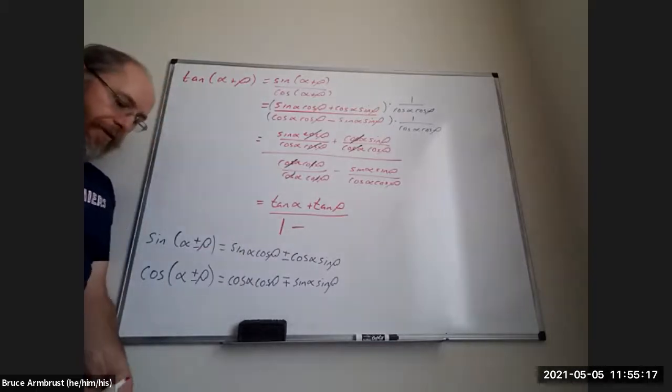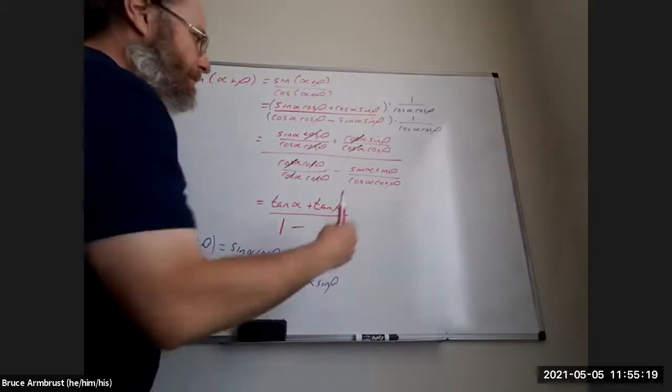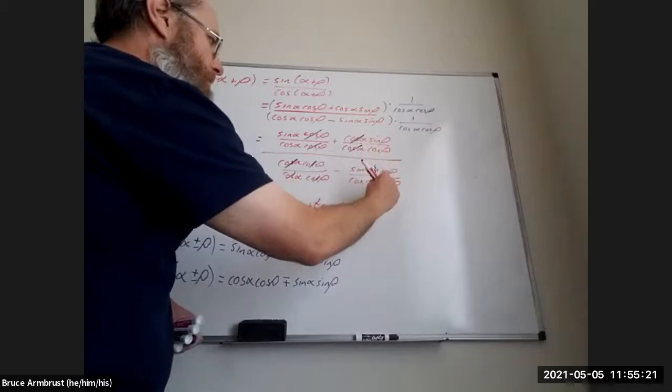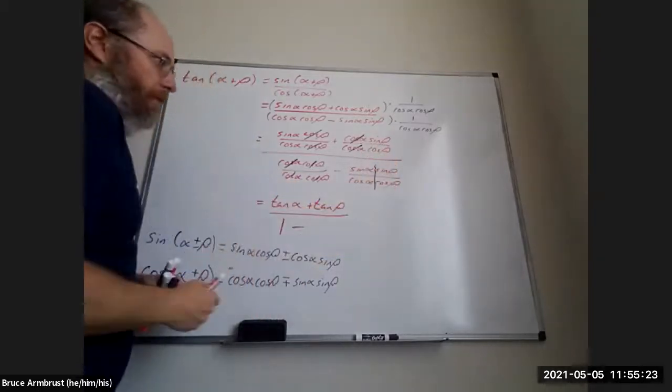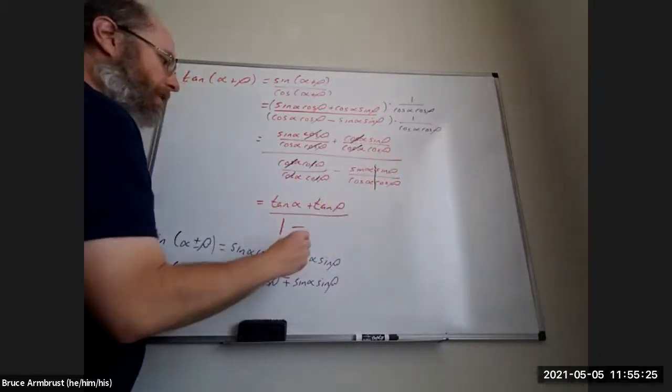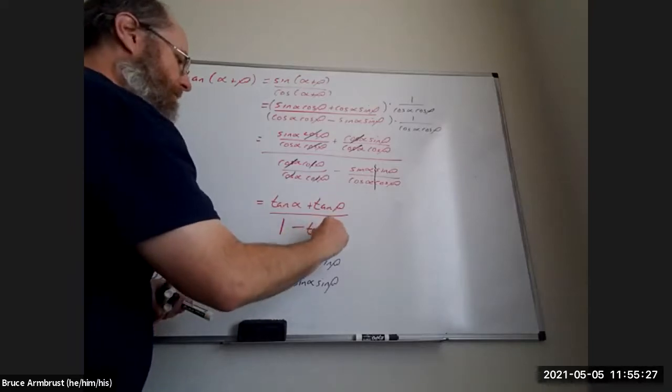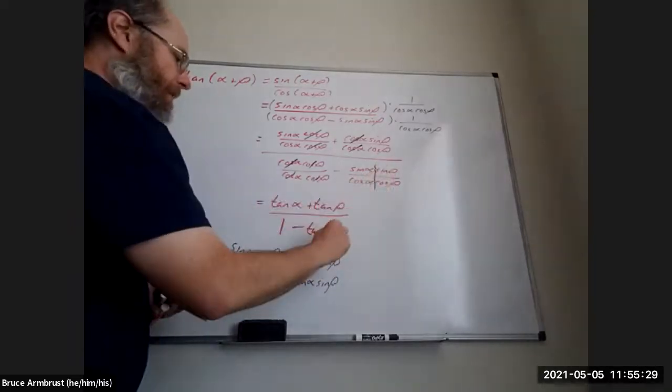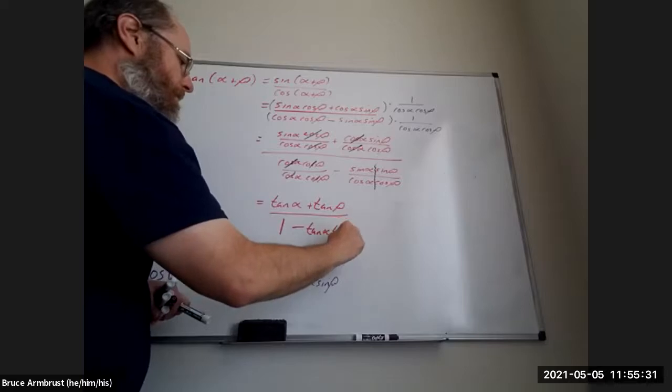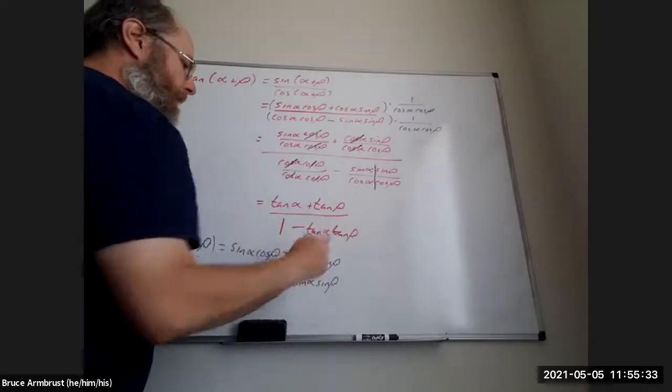And then the other part, if you kind of split it down the middle here, we have sine alpha over cosine alpha. That's tangent of alpha. And then sine beta over cosine beta. Oh, that's tangent of beta.